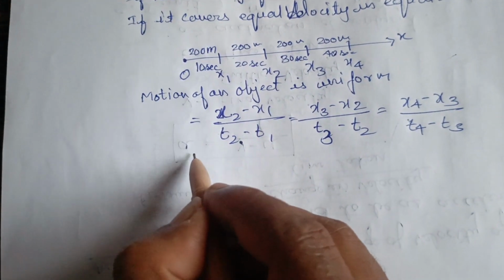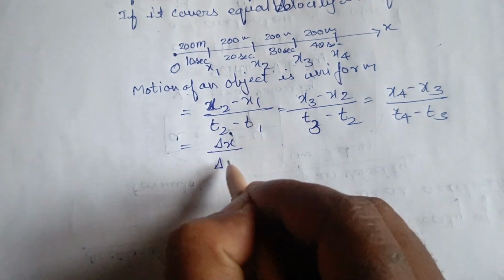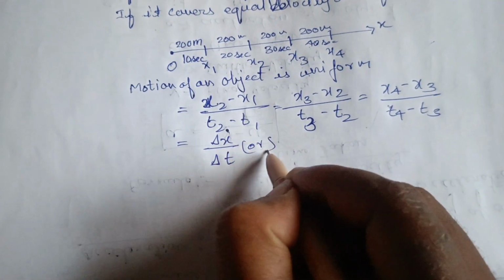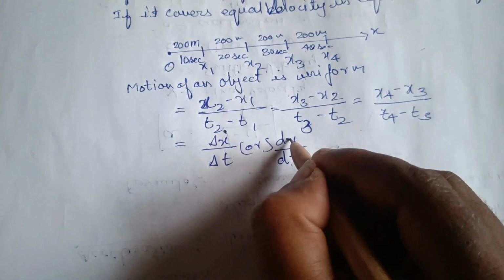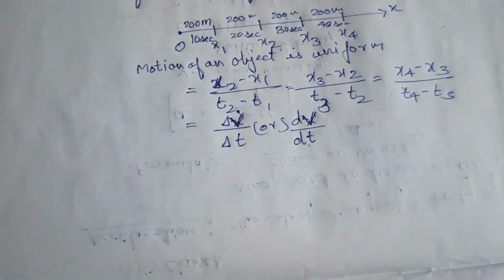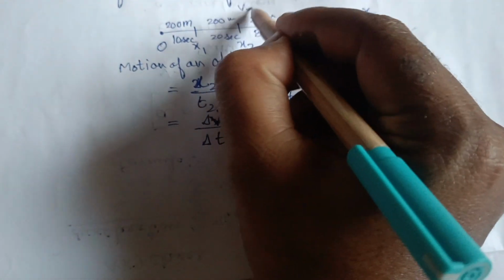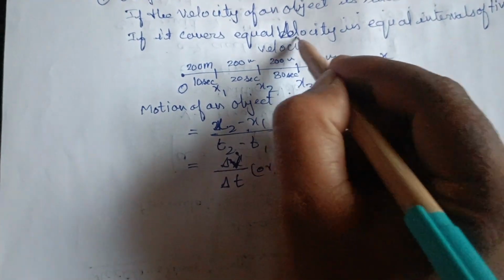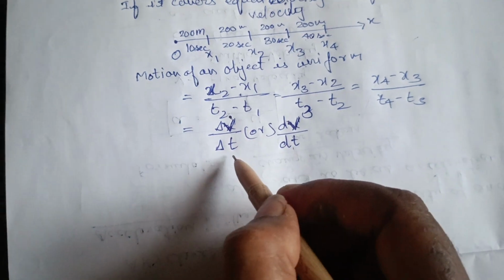At last the equation is delta x divided by delta t, or dx divided by dt. Since it is an x-axis, we are measuring velocity here, so dv divided by dt.